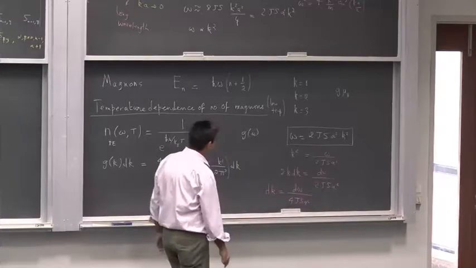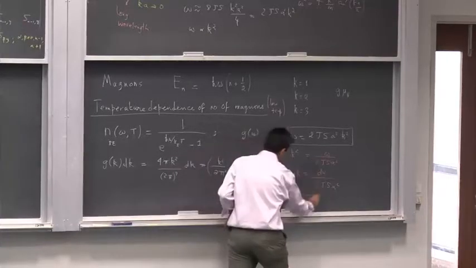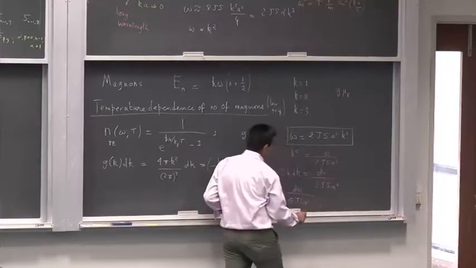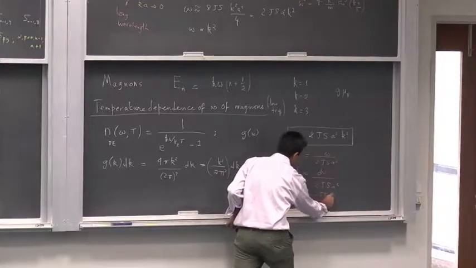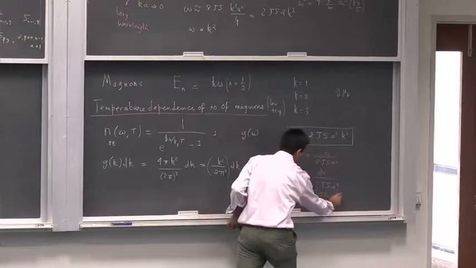Now what is my k? k is omega over 2JS a square, to the power 1/2.